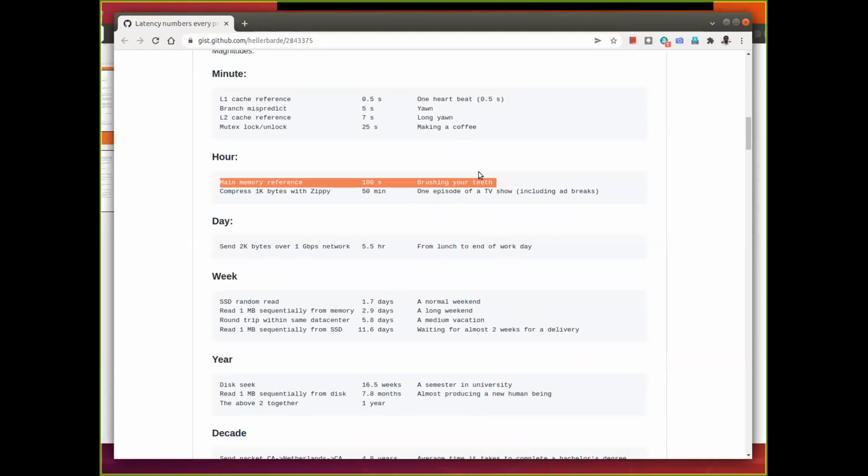That is the magnitude of difference between accessing main memory and a disk.